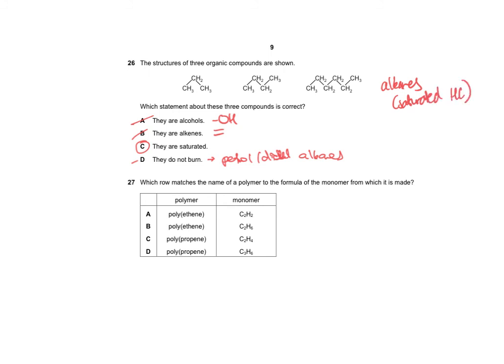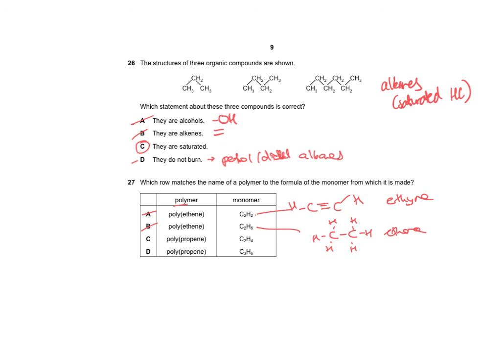Which row matches the name of the polymer to the formula of the monomer which is made? So in other words, we need to figure out what the name of this is, because for a polymer, we're just putting the name poly in front. So C2H2 is going to be actually that. So that's going to be ethyne. So that's not right. C2H6 is going to be ethane.